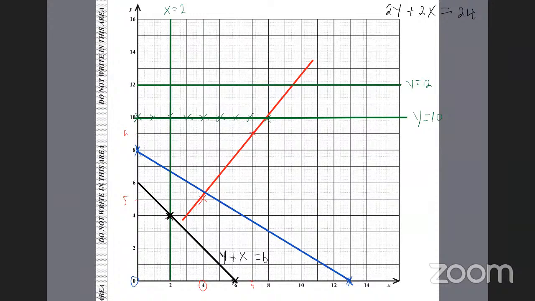Because if x is here, and you want to find y, take off x and put x as here. So 2y plus 2x is 24.